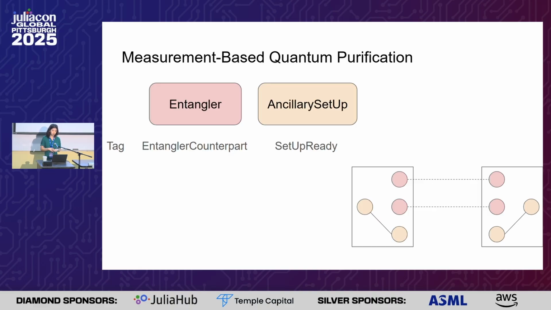When it's successful, it'll tag the slots with entangler counterpart, as before. At the same time, we also have a subprotocol called ancillary setup, which joins those extra qubits, basically creating the cluster or graph state.